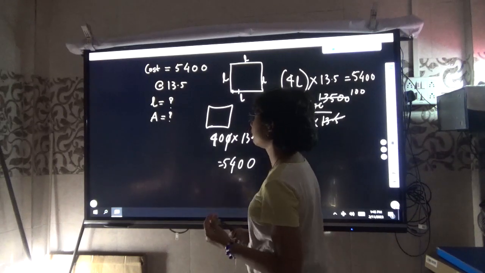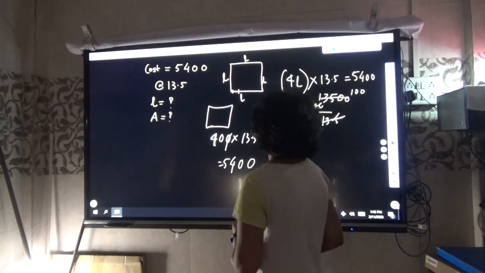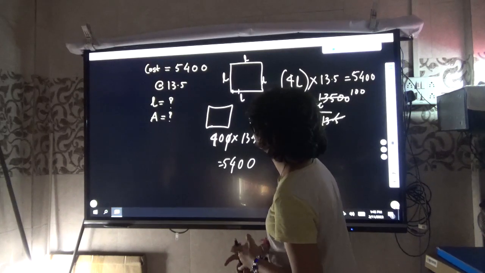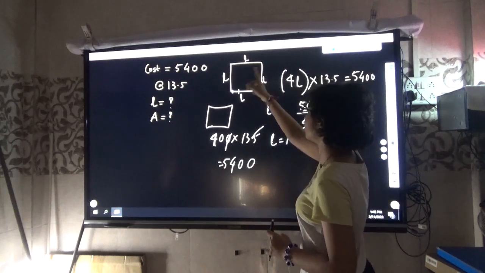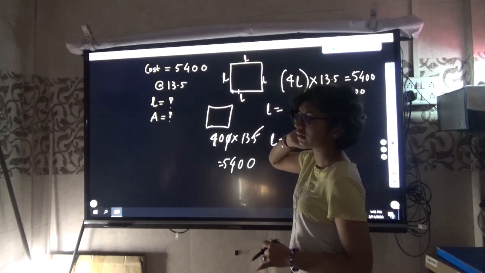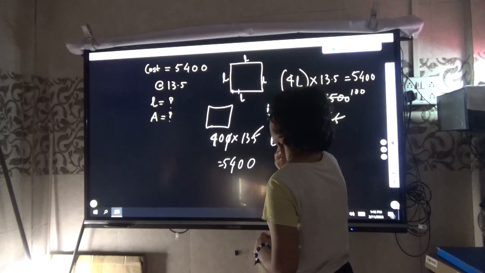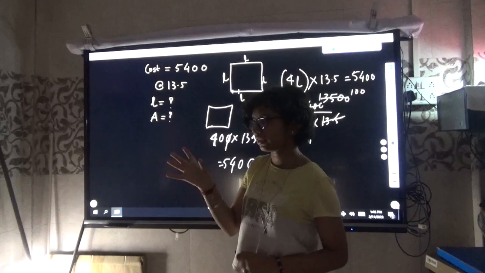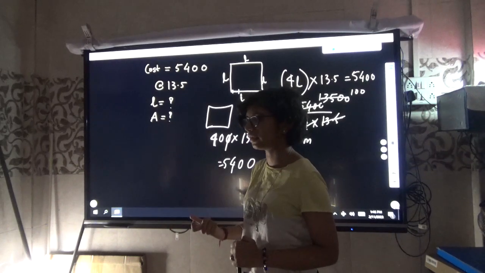We have to find the length and the area. So the formula we use: if we are finding the length, then 4L, and we multiply it by 13.5 for each meter.